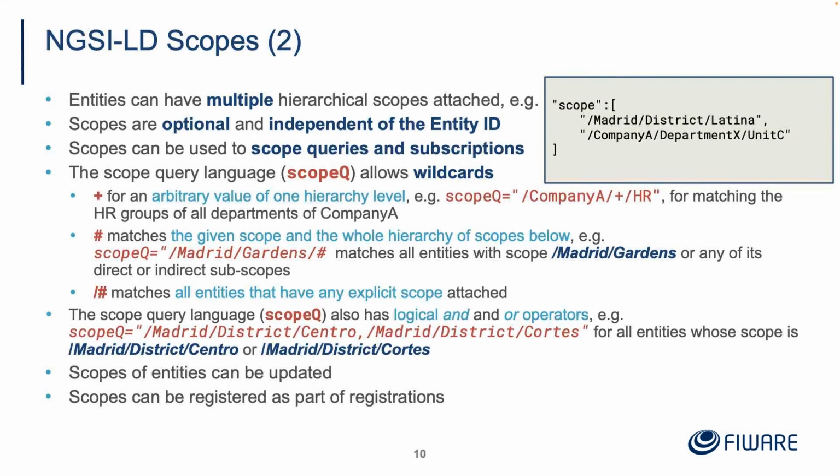If I just wanted to focus and update purely on the data which has got this scope on there, I could do so. So if it was, say, just that context broker which had got incorrect data, I can say scopeQ with the update, and say it would just update entities which align with that.